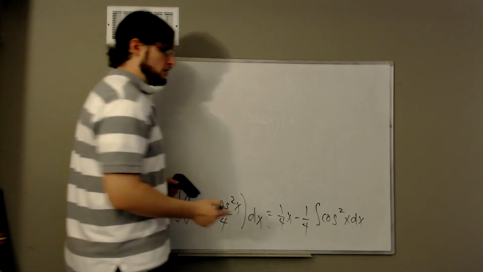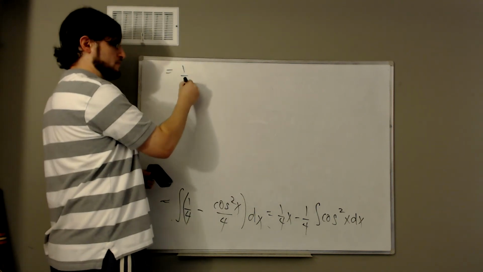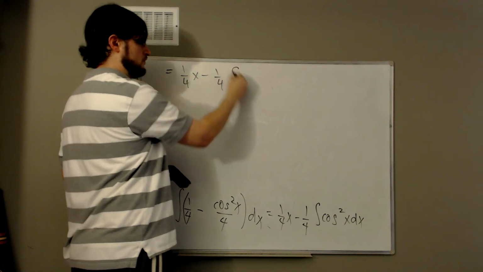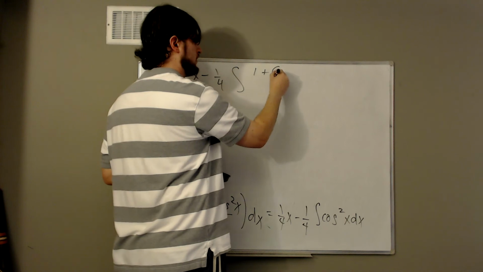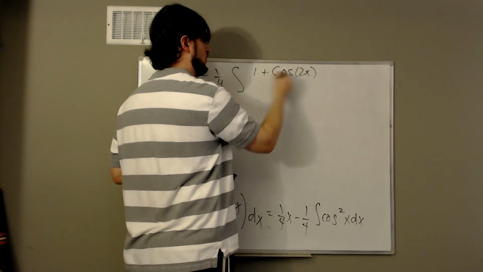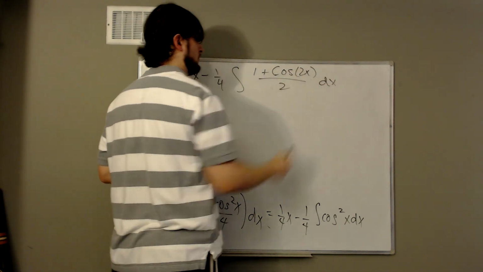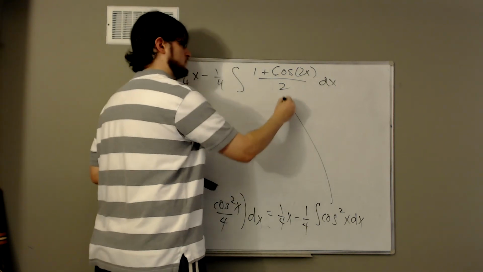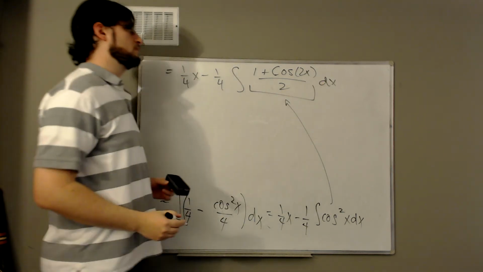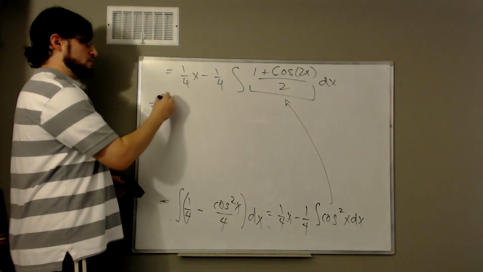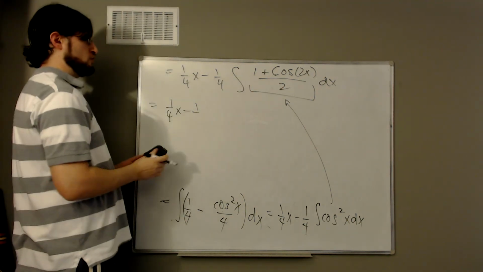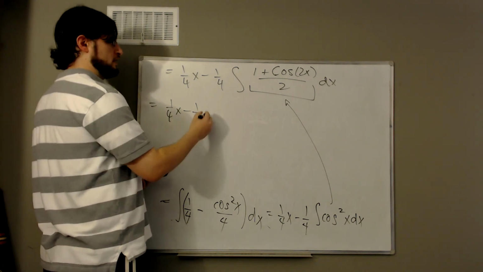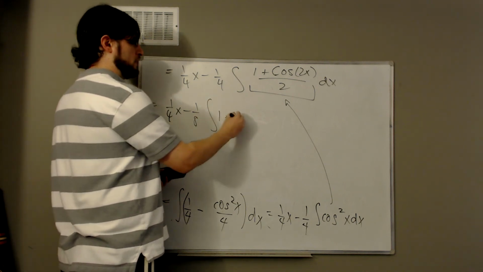We're going to use our half-angle formula. The half-angle formula for cosine squared is 1 plus cosine 2x over 2, rather than 1 minus. So if I bring this 2 out, it makes 1/8 integral 1 plus cosine 2x.